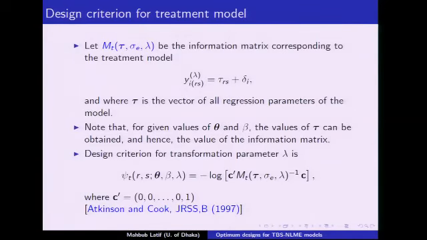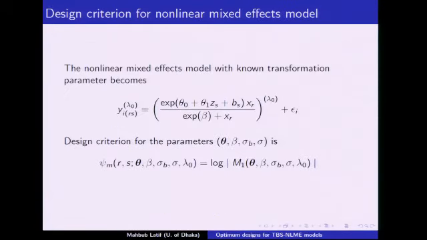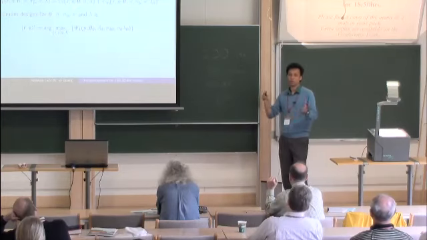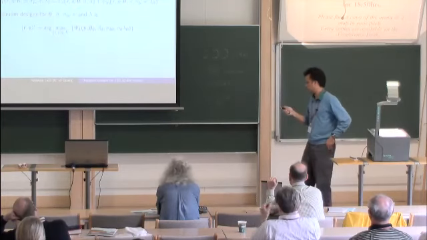This approach was discussed in Antony's paper in JSSB 1997. So we have one part of our design criterion, and the second part we can get from the nonlinear mixed effect model. We can write down the information matrix, and this is the criterion for only these parameters. If we add lambda to this parameter set, then our design criterion could be just the sum of these two. You can use a weighted sum if you want, but this is enough.